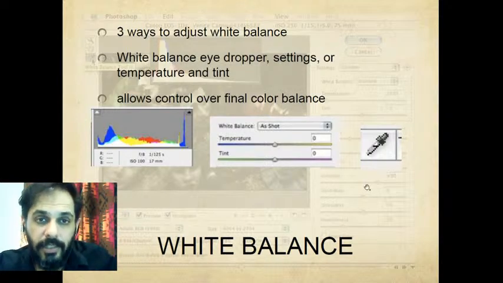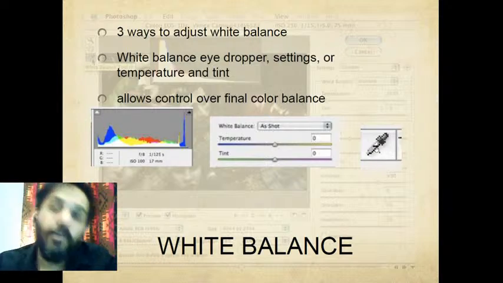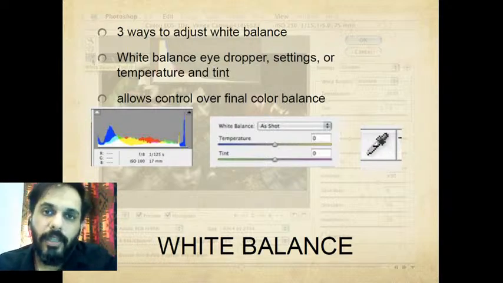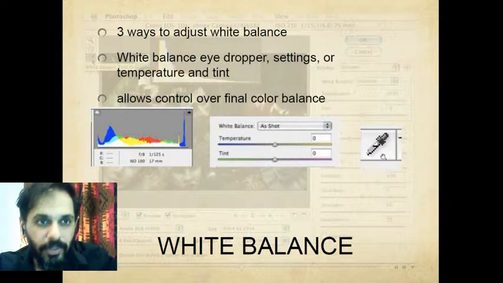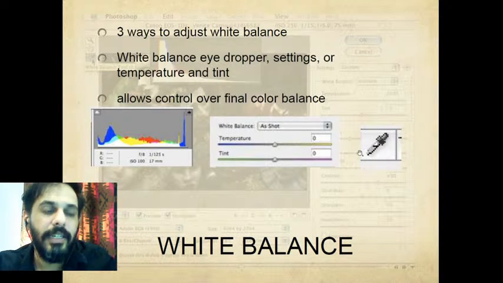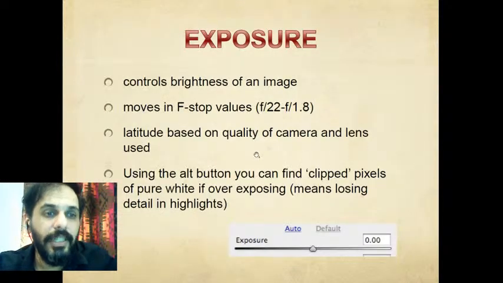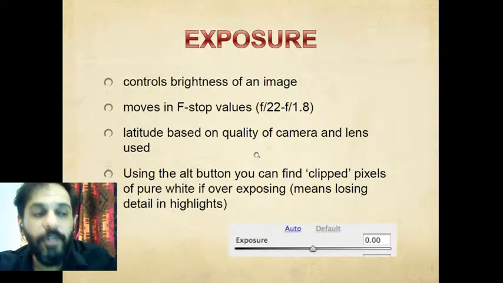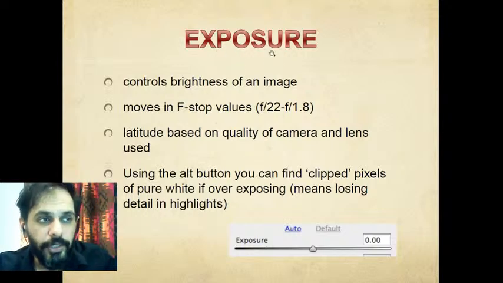Photoshop will calculate that this is the white color, recalculate the whole scene and adjust your white balance. This is one more way. When we do practical, you will understand clearly. I'm just giving you an introduction. Now, exposure.